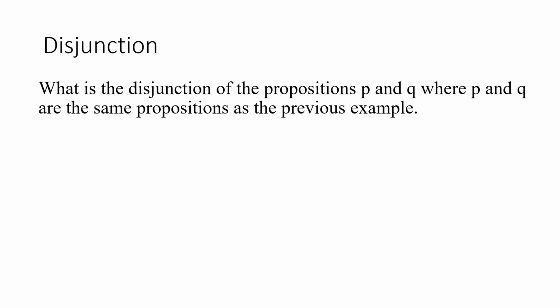Since it is a disjunction, we could have: Rebecca's PC has more than 16 gig free hard disk space, or the processor in Rebecca's PC runs faster than 1 gigahertz.